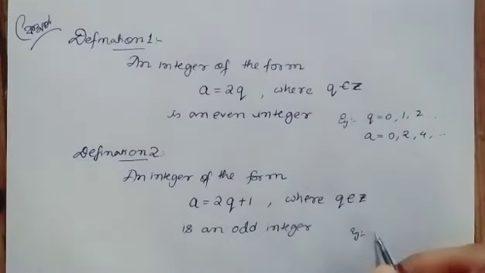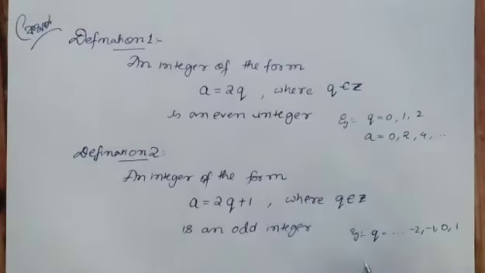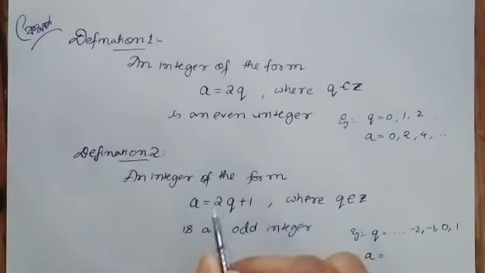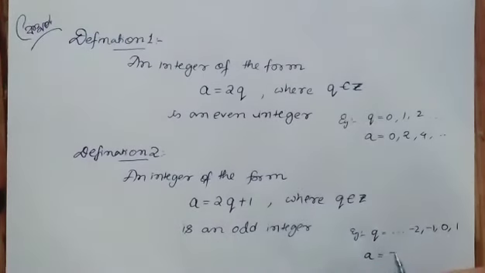And if we consider this case, for q here I will consider the negative integers. Let it be minus 2, minus 1, 0 and 1. Then what will be the values of a? If I substitute minus 2 in this expression, 2 into minus 2 is minus 4, minus 4 plus 1 is minus 3.